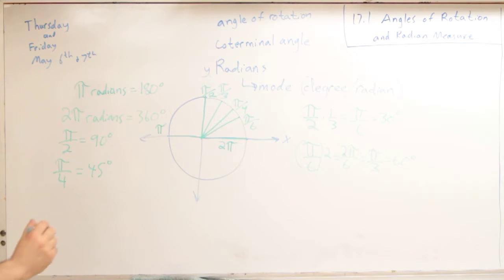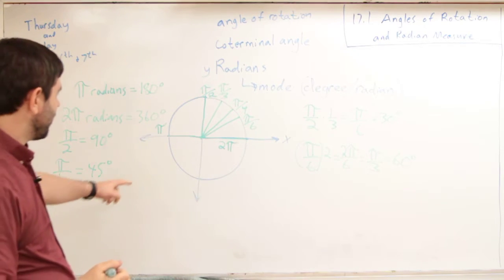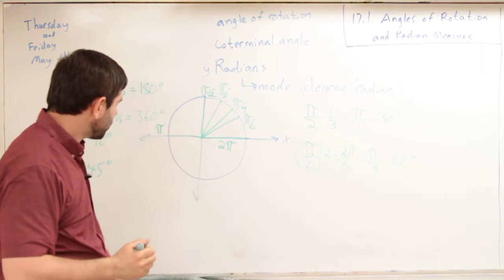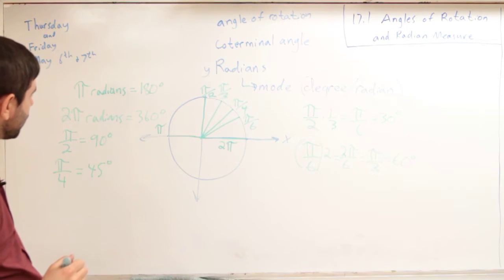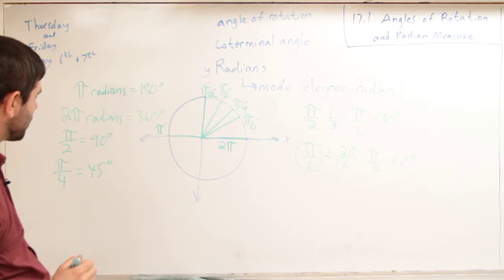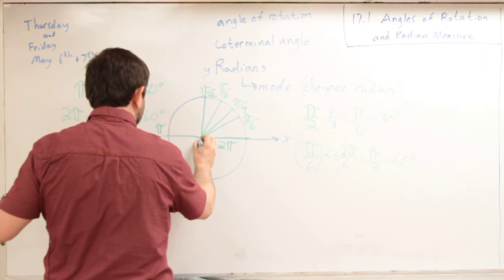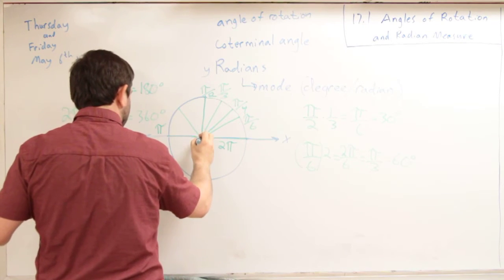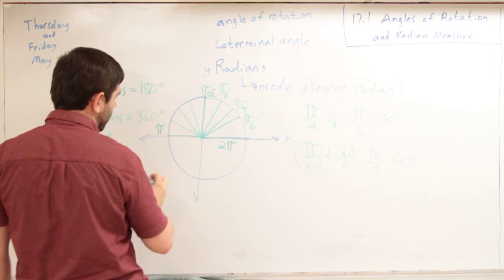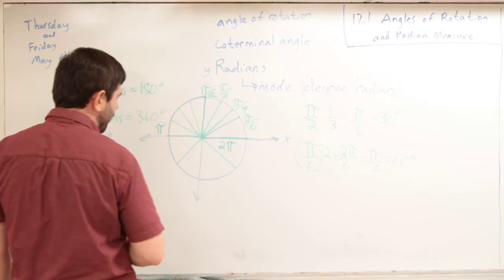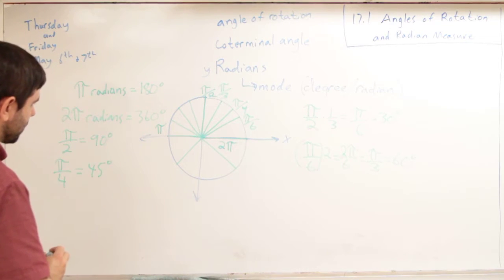And this is our basic approach for filling in this unit circle, this circle here, with degrees and radians. This is how we match them up. So what I would like you to do is copy this down in your notes. First do all the 45 degrees.